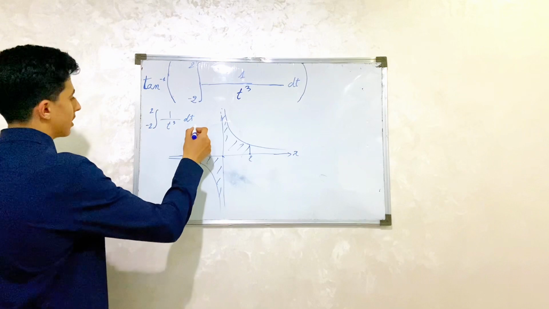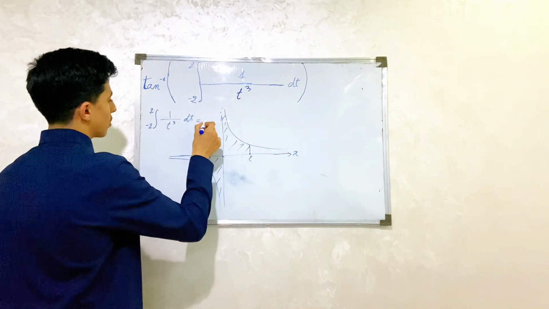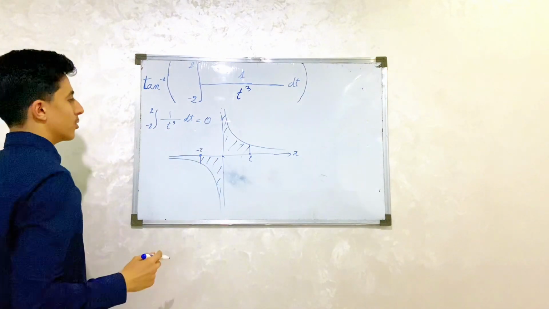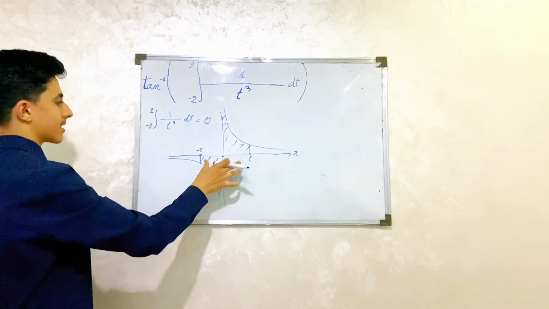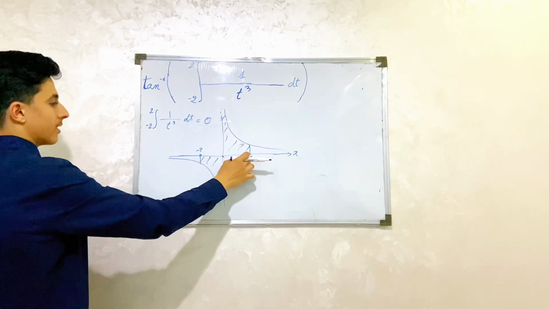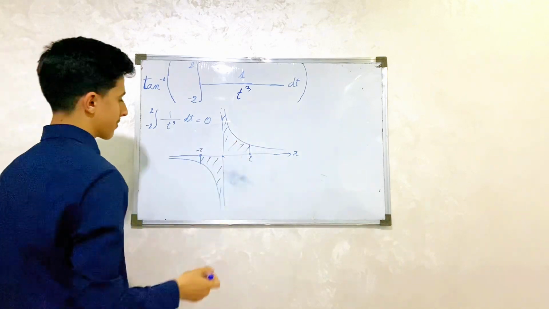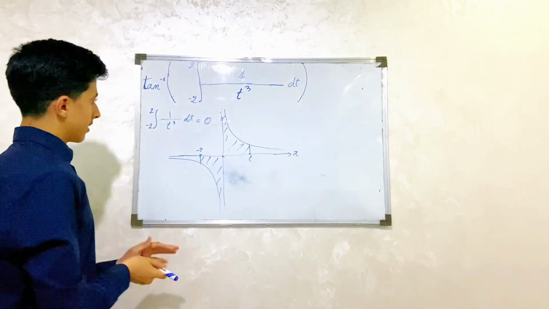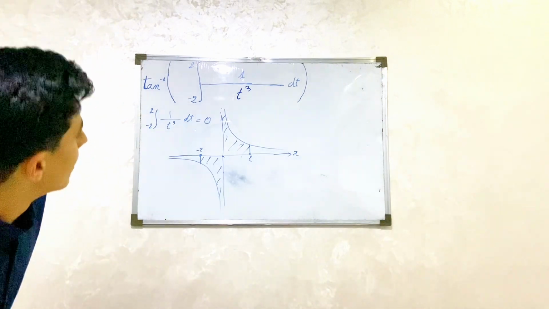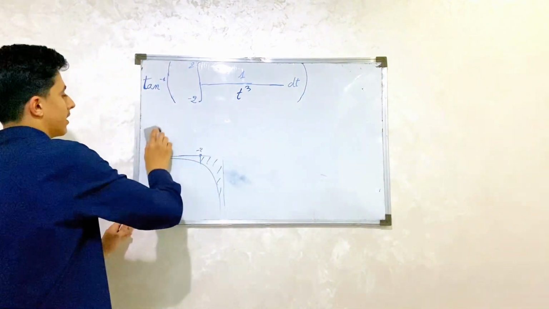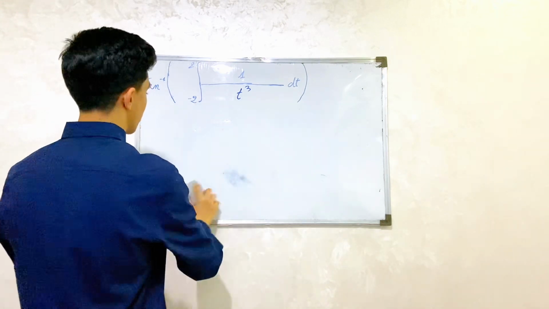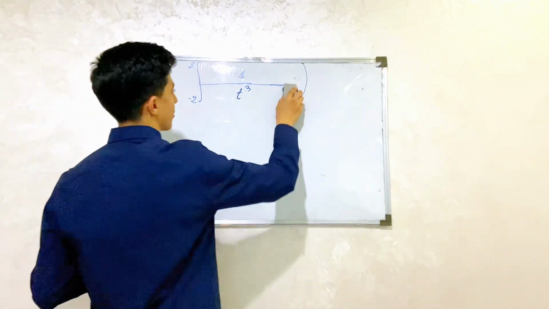Meaning that this integral right here is equal to 0, or at least the surface under the curve between these values. So we can go and work this out inside our final answer.